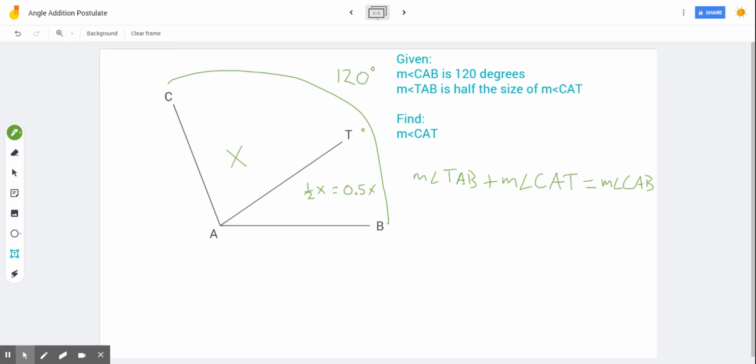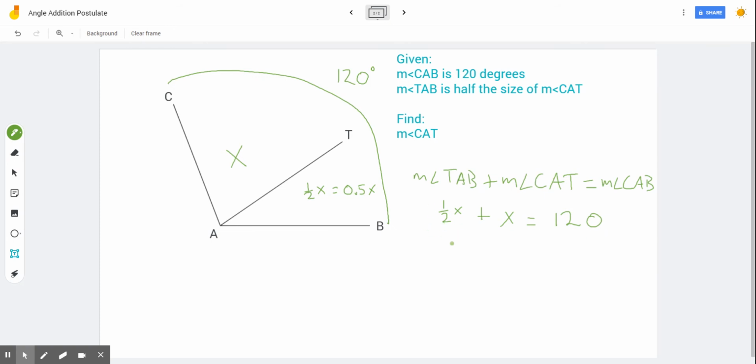So if I know that angle TAB is 1/2 X, and I know that angle CAT is X, and I know that angle CAB is 120. So I want to solve this equation.